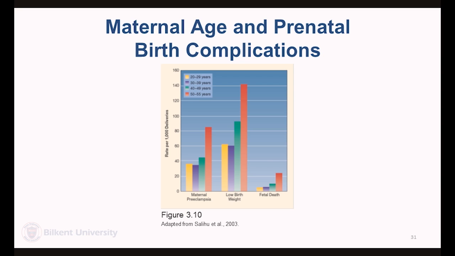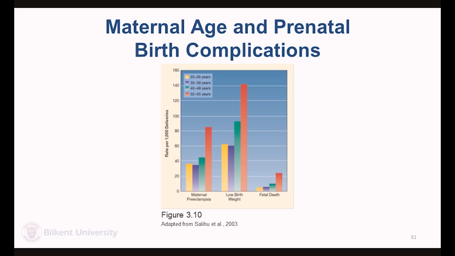The yellow bars are mothers who are between 20 and 29 years of age. The purple bars are between 30 and 39 years. The green bars are between 40 and 49. And the red bars are extremely rare, I would think, 50 to 55-year-old mothers.